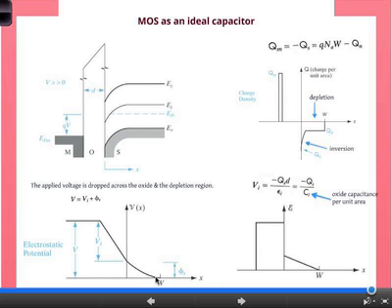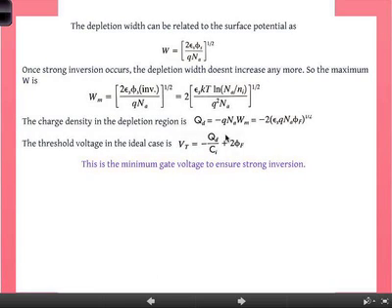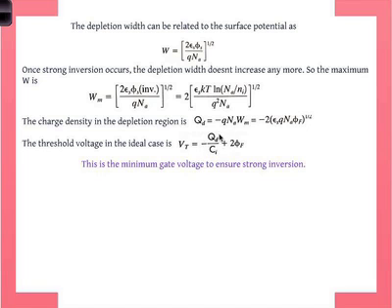Okay? That allows you now to tell what is the minimum voltage I should apply to the gate to create the channel. That's the threshold voltage. So now I can calculate the threshold voltage as essentially the voltage required to get the maximum depletion region, which is from here. Q_D divided by C_I, C_I being the oxide capacitance per unit area.